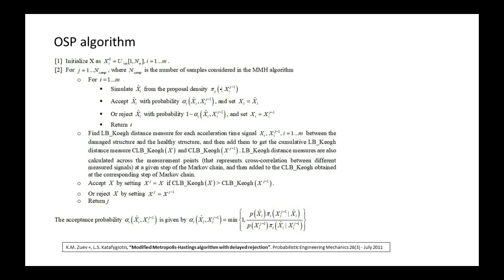We used the modified Metropolis-Hastings algorithm to generate samples from the target distribution, where the target density was a function of the random variables. The random variables were the locations. Here x is the random vector, and it represents the location of the sensor. They are uniformly distributed between 1 and the number of nodes in the structure.